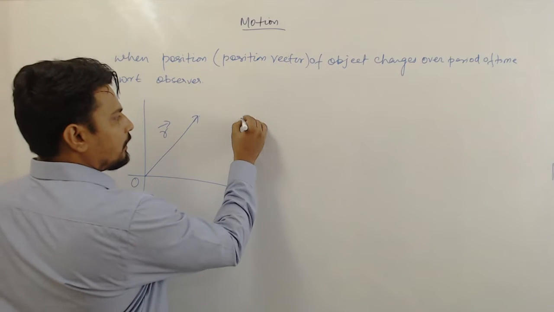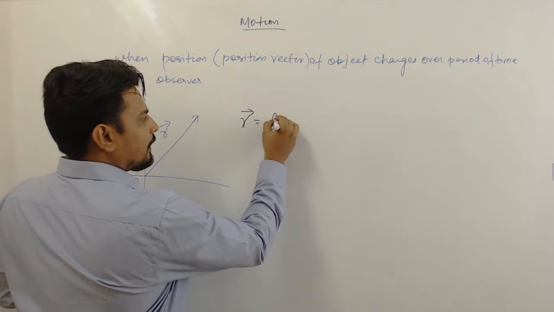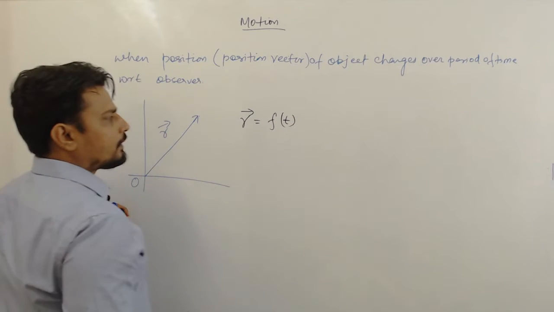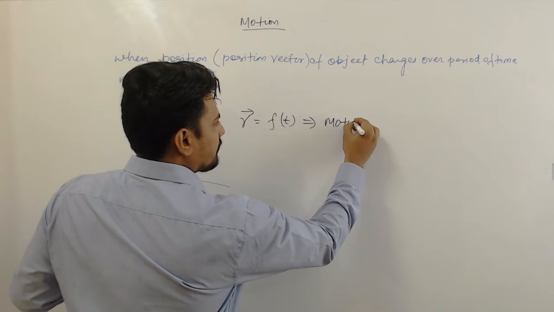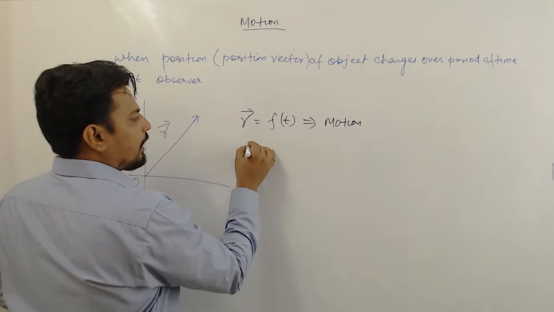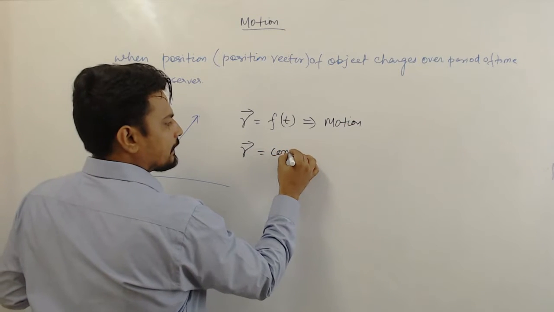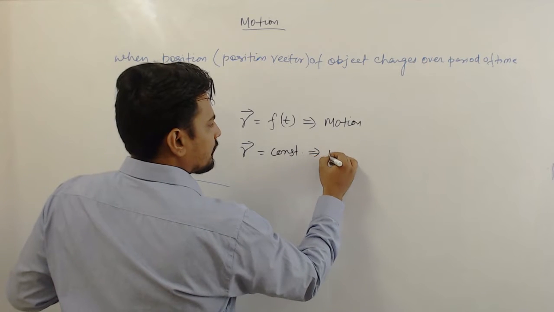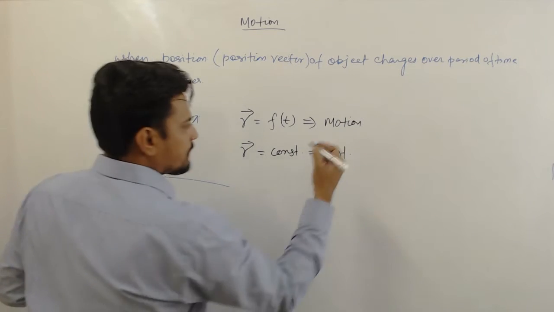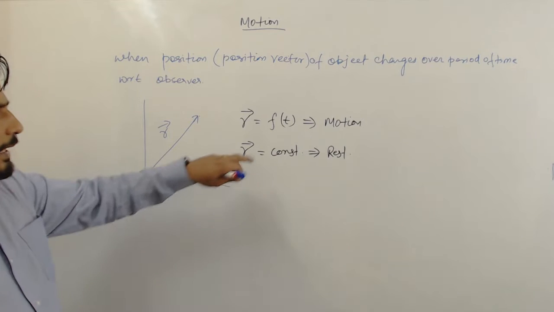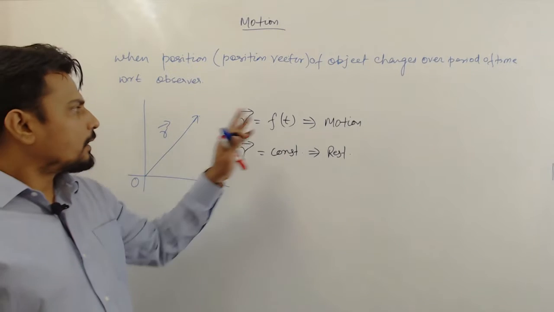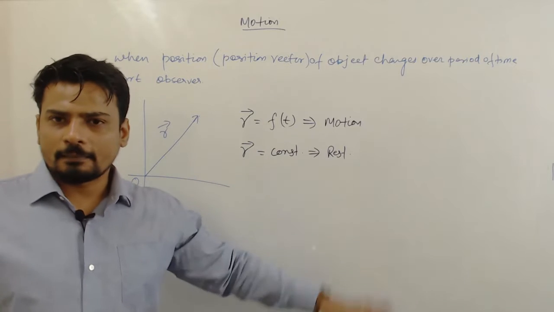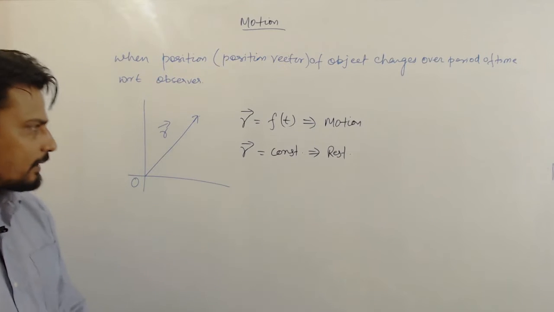So if r could be represented as a function of time, this implies the body is in motion. And when r is a constant, it is not changing, then the body is said to be at rest. What exactly do we mean by the word function of time? Function of time means over the time its position vector would change. As simple as that. Clear बात है ना जी?